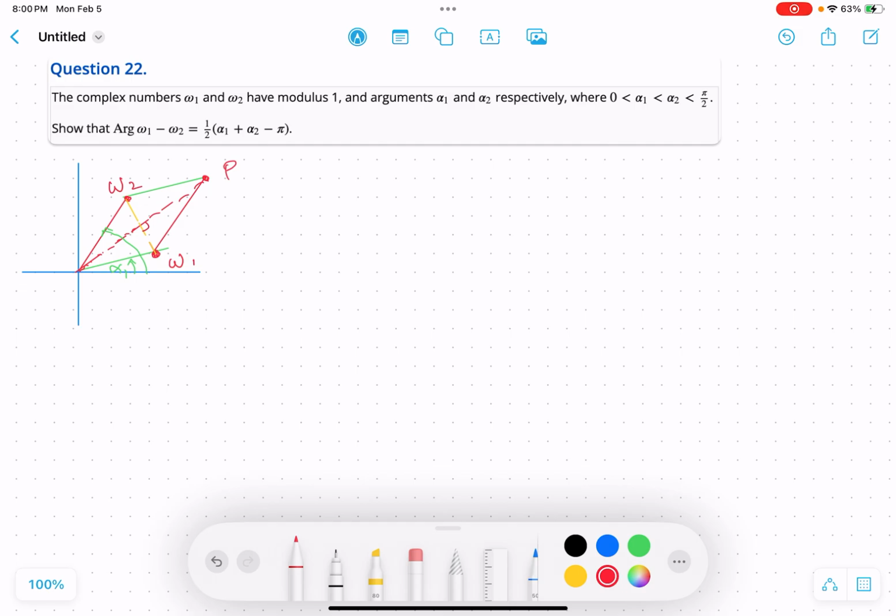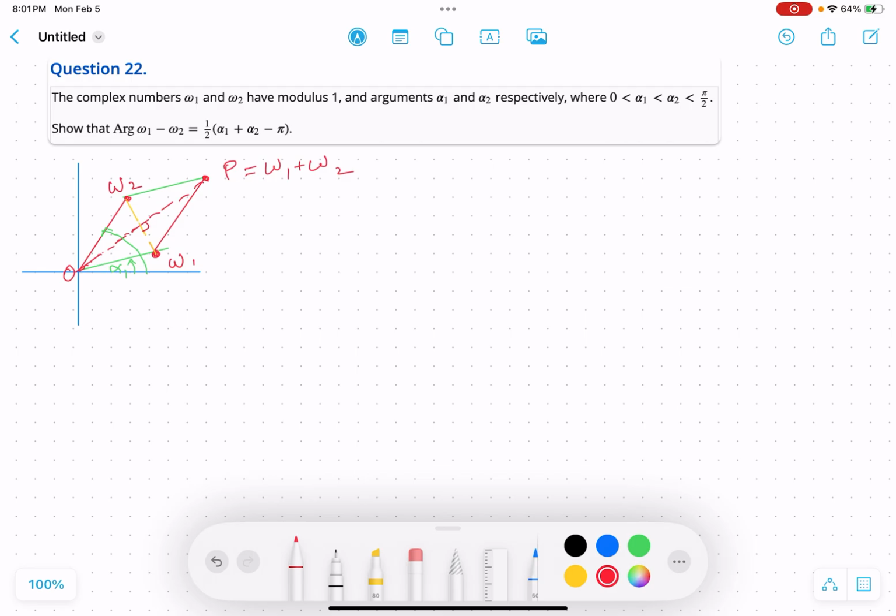That will be very helpful. The line I've drawn in from O to P, of course, is what I get if I add those two together. So I'm adding W1 and W2 together to make that line there. Now, we know that OP is a perpendicular bisector of the vector between W1 and W2.